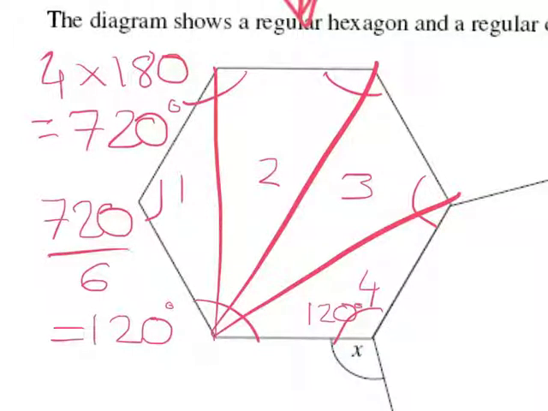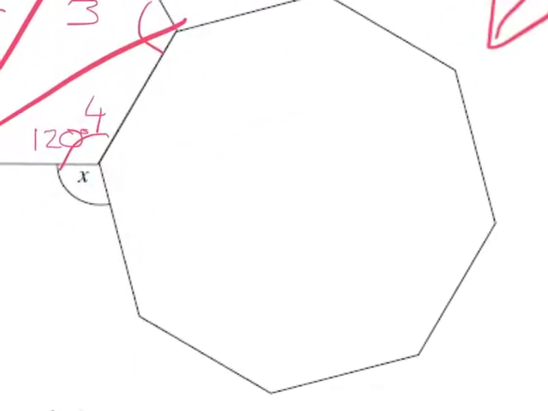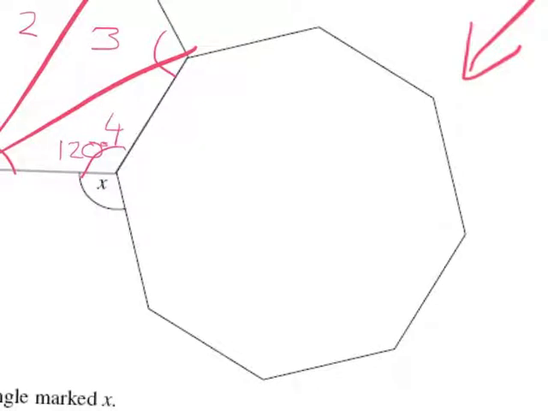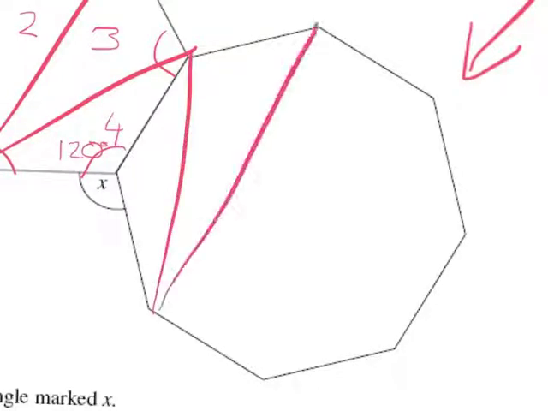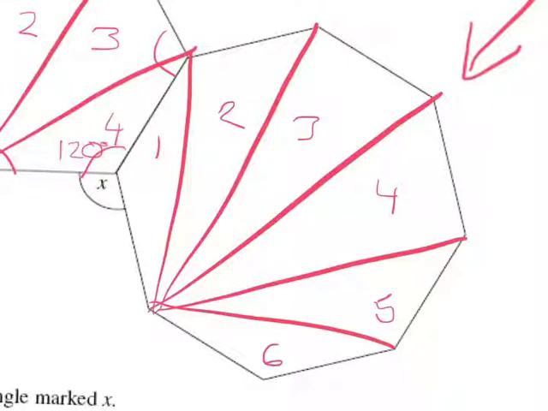Okay, we use the same process on the octagon. So this is the octagon here. I have to make it a little bit smaller. We're going to split it into triangles. We just go from one point again, and that gives us 1, 2, 3, 4, 5, 6 triangles.